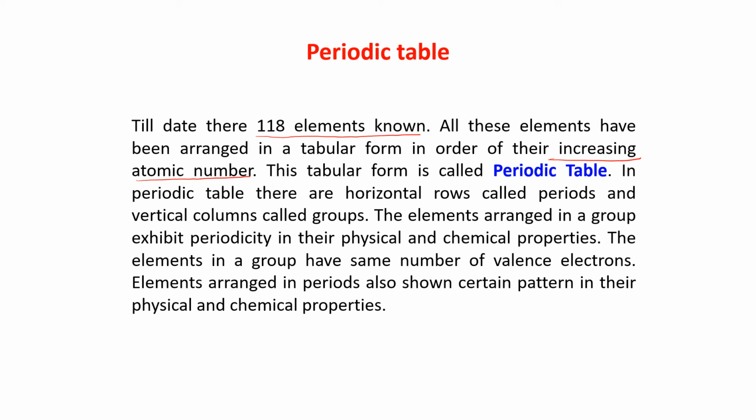You know about the atomic number? Atomic number of hydrogen is 1, helium is 2, lithium is 3, like that. So this tabular form is called periodic table.